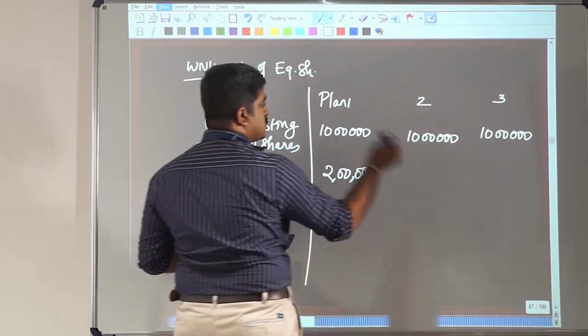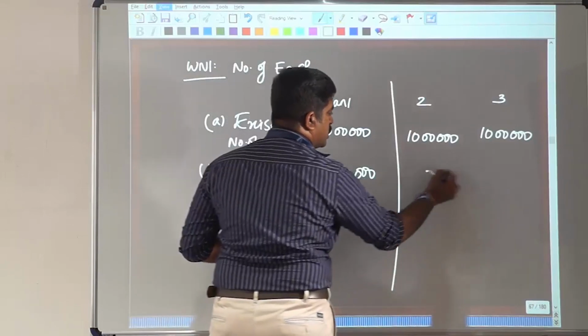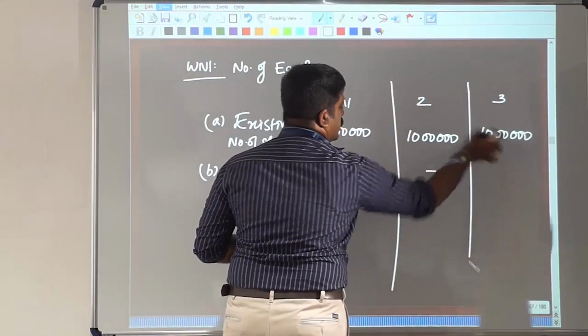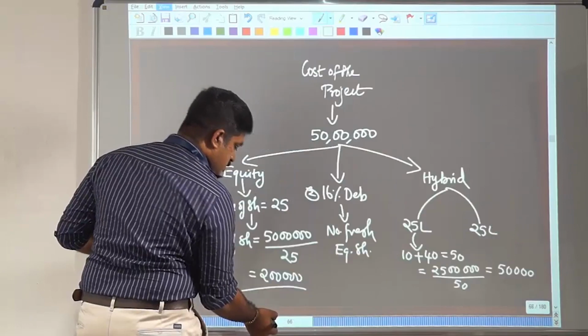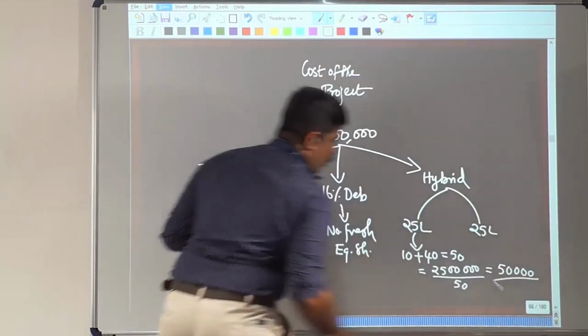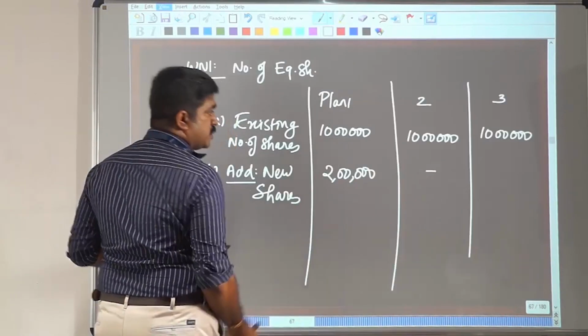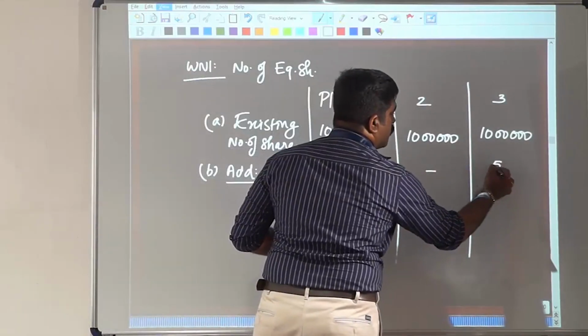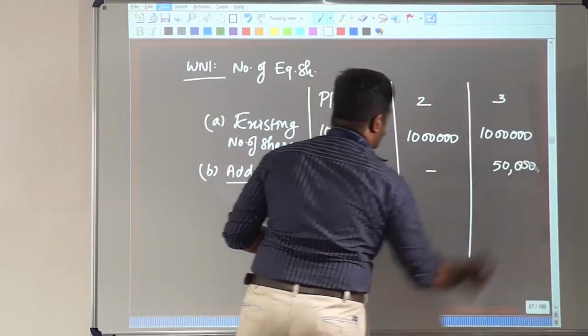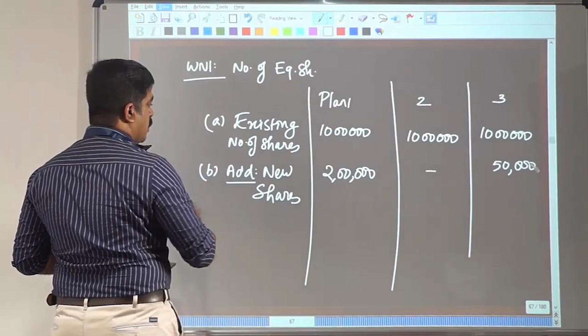If you take plan 2, it is a full debt option, so no new shares. But if you take plan 3, new shares have to be issued. It's basically 50,000 shares. Okay, so let me capture that. Now we have the complete picture of the number of shares.